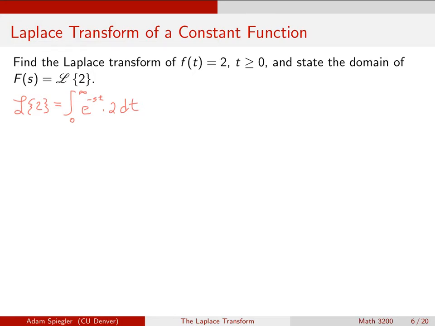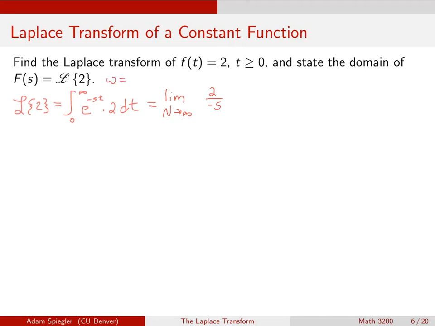So we want to evaluate this improper integral and determine for what values of s this improper integral is going to converge. Here we're going to take the limit as the upper limit heads to infinity. So we're going to do this carefully. When we integrate this, the 2 comes out, and we get a minus s that comes down.